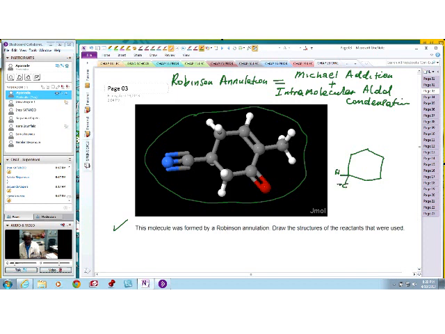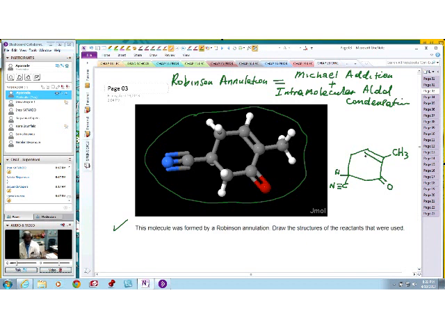We have a cyano group here. CH2, CH2. Then we have a carbonyl right here. You have your alpha beta unsaturated, the carbon-carbon double bond that is conjugated to the carbonyl. So now you then have CH3 here.